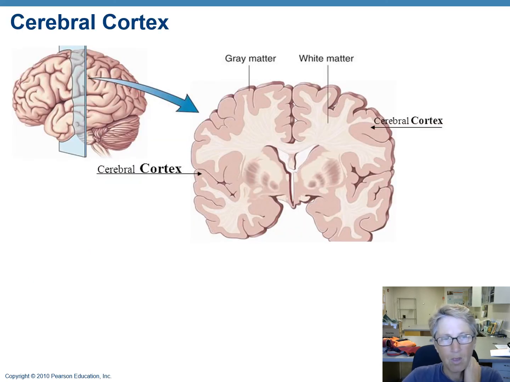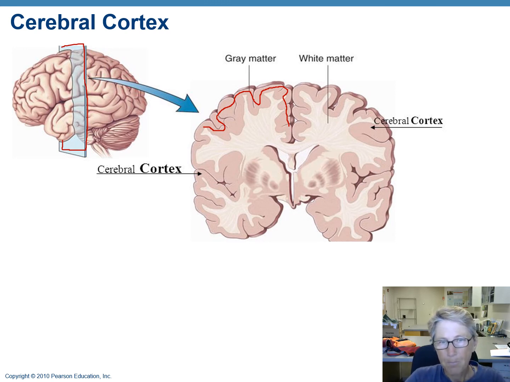So can you tell me what kind of section this is? Remember what kind of section this is? So here's the cartoon. If you said a frontal section or a coronal section, you'd be right. So all this tan stuff, this is all cerebral cortex. And the cerebral cortex is made of gray matter, and that's mostly neuron cell bodies and unmyelinated axons.